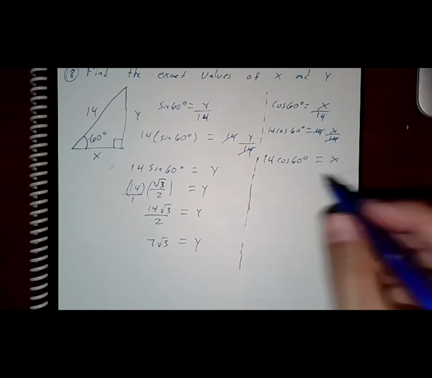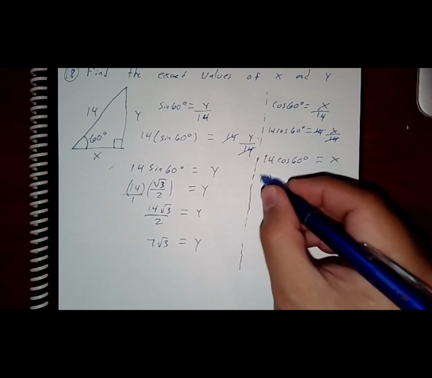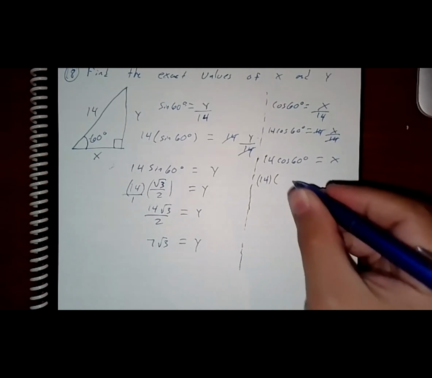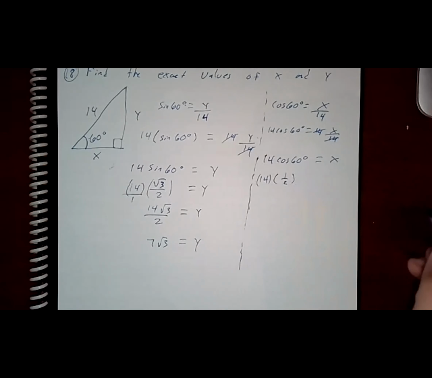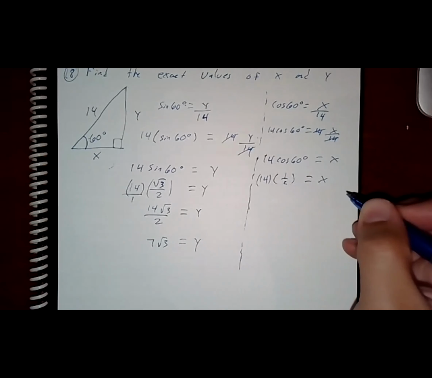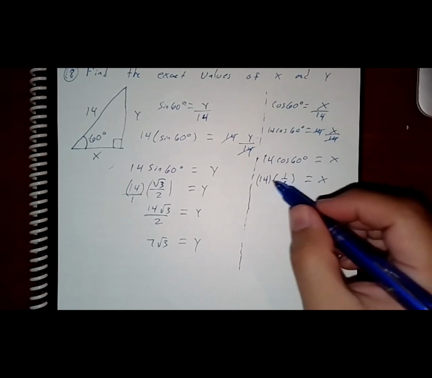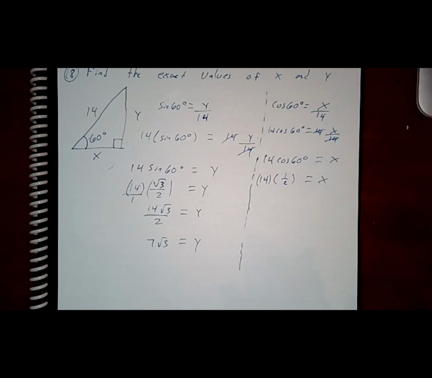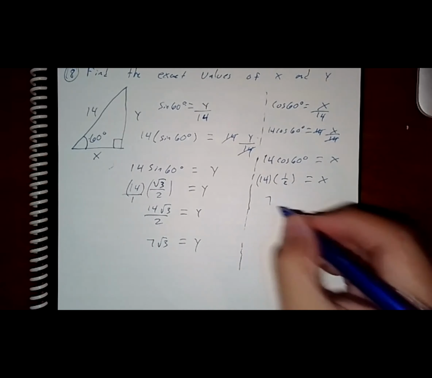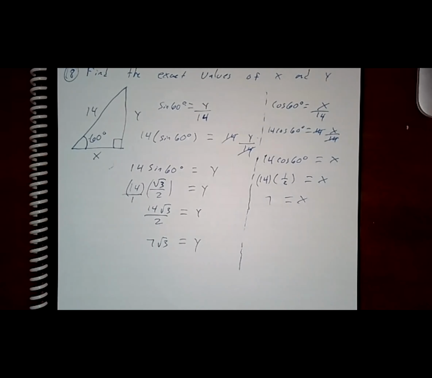What is cosine of 60? One half. So put a half there to replace the cosine. And we're almost done. So what is half of 14? 7. Yeah, right.